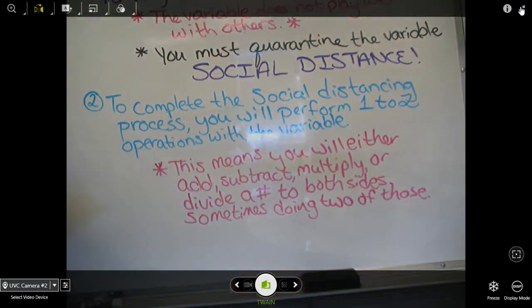Okay, so sometimes you'll have to do 2 of those. If it's a 1-step, we do it once. If it's a 2-step, we do twice, or we do 2 things, okay? So to complete the social distancing process, you will perform 1 to 2 operations.